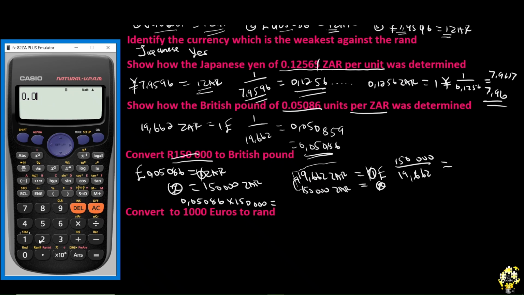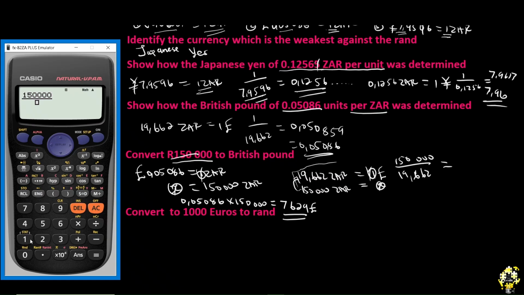So 0.05086, when you multiply it by 150,000, what do you get? You round it off to the whole number. This is what you get: 7,629 pounds. Let's come to this one. It says 150,000.